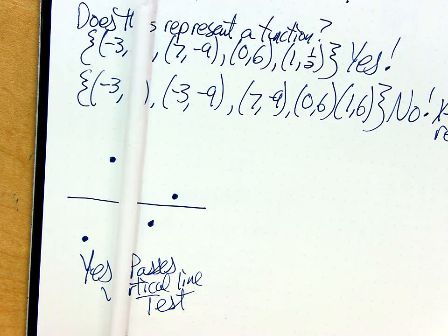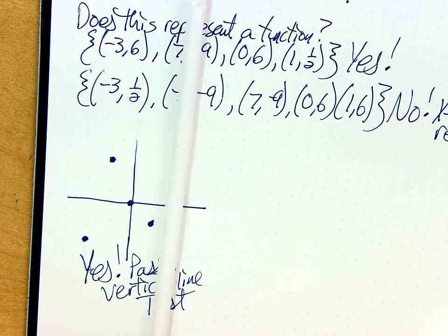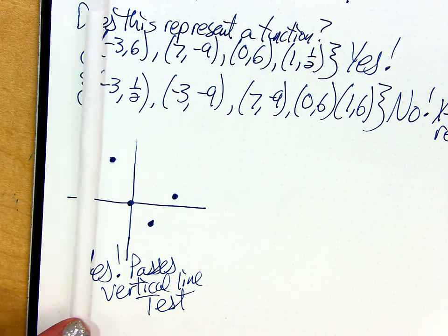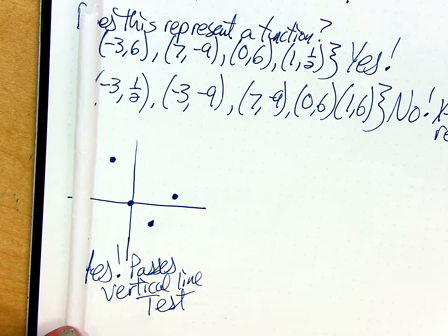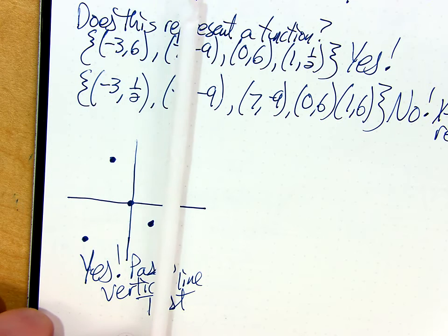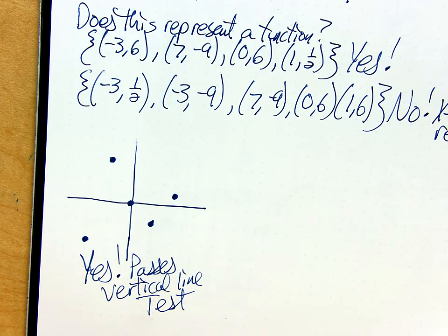If it ever hits more than one time, it fails. So see how there's never more than one dot under my straw at once, right? If I ever had two dots under my straw at once, it fails. This one passed. So it's always a vertical line.